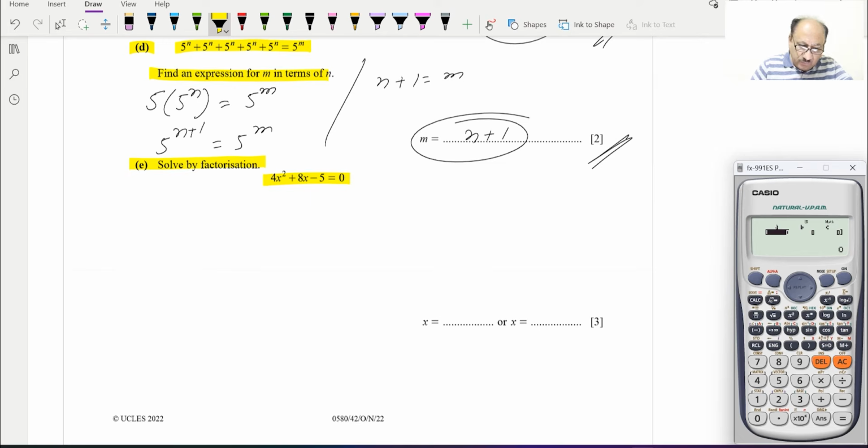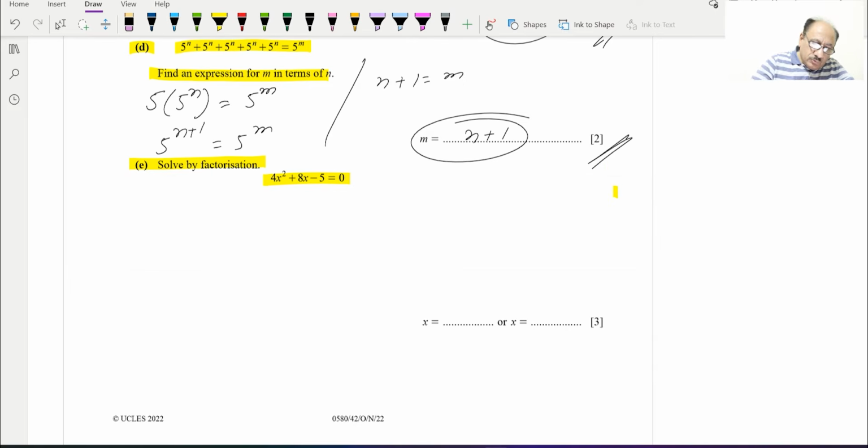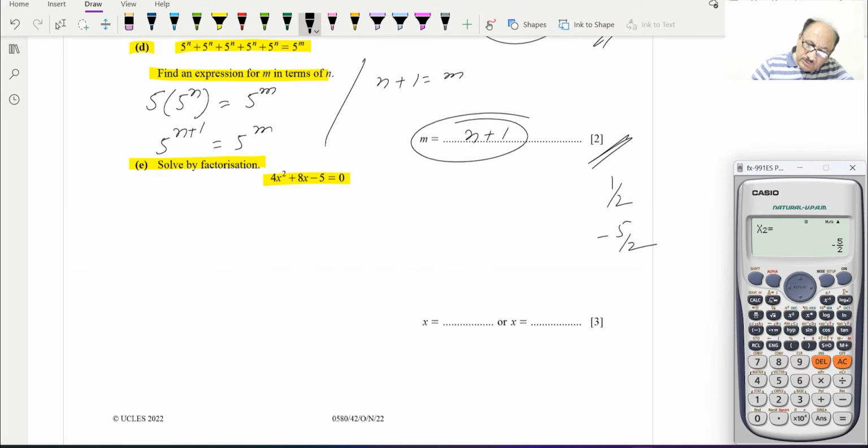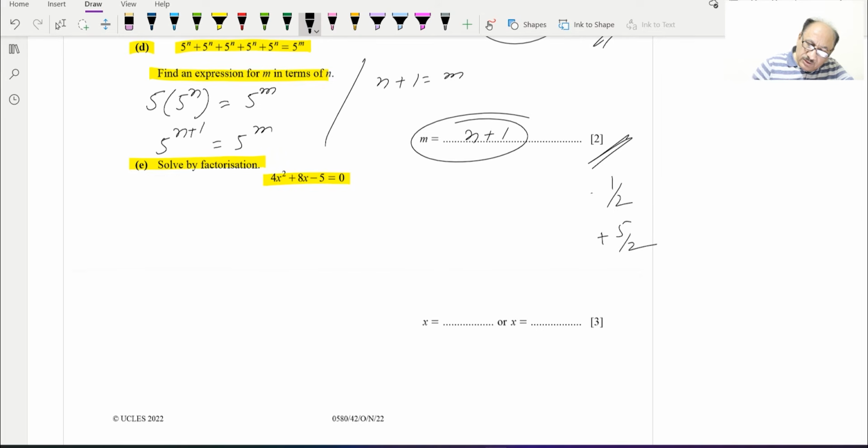So A value is 4, B value is 8, and C value is minus 5, and this is equal to 1 by 2 and minus 5 by 2. This is the answer. Now we'll change sign. So this will be plus, this will be minus.